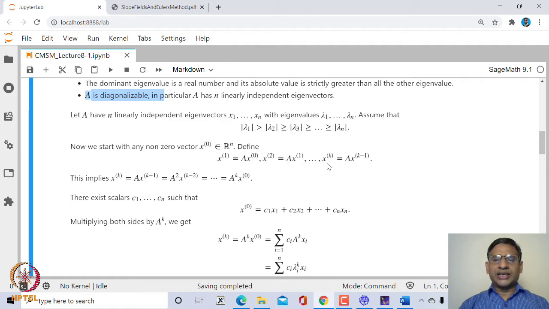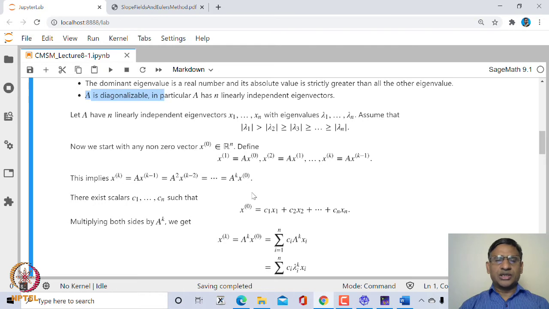In general, xk is equal to A times xk-1. So, that is an iterative scheme. If you simplify this, xk would be nothing but A to the power k times x0. So, we are defining a sequence of vectors starting with x0 as x1, x2, ..., xk and so on by xk equal to A to the power k times x0.